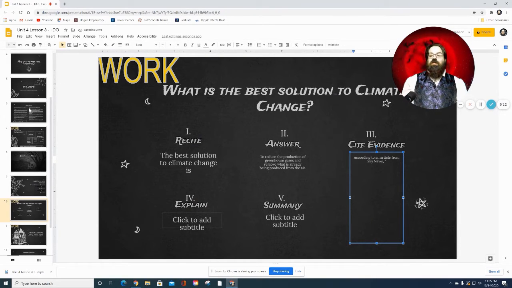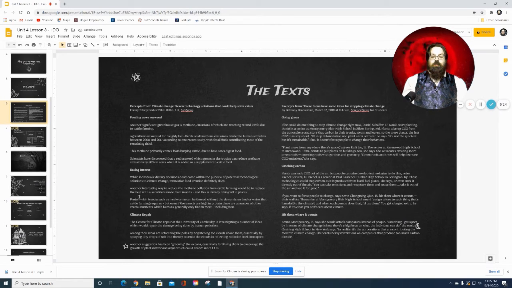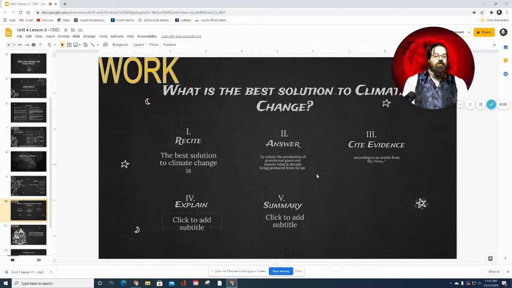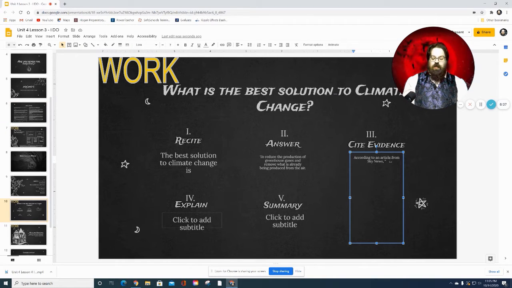And then I'm just going to find a piece of evidence. Oh, actually, let's get this one. Another significant greenhouse gas is methane. That really supports what we're talking about here, needing to reduce what's going in.